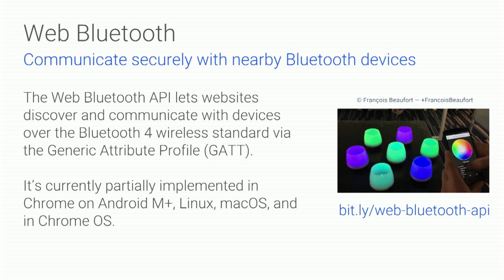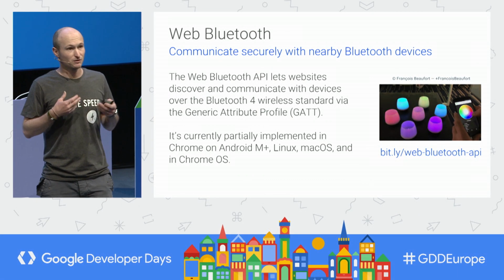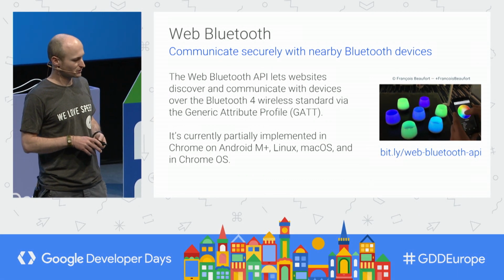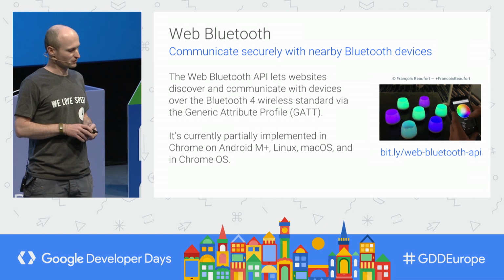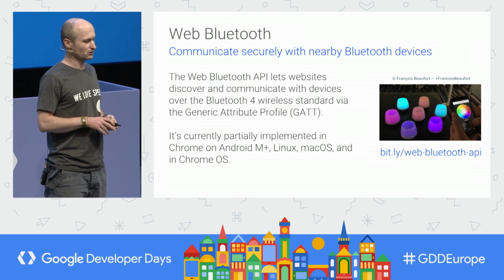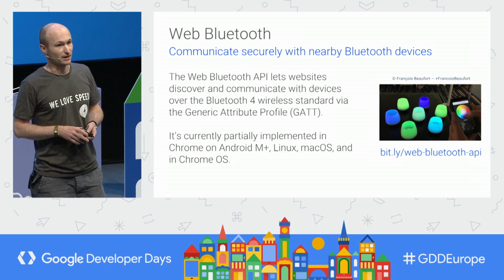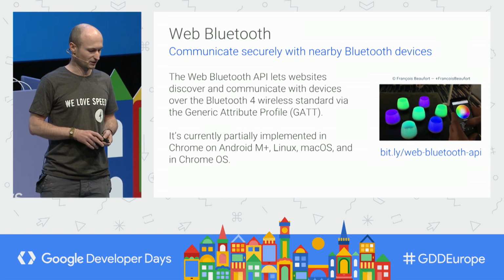You can just allow anyone with a device that is in range to control the experience here. It's using GATT, the Generic Attribute Profile, and uses Bluetooth 4, so very energy efficient. It's partially implemented in Chrome on Android, Linux, macOS, and in Chrome OS. Very exciting API.